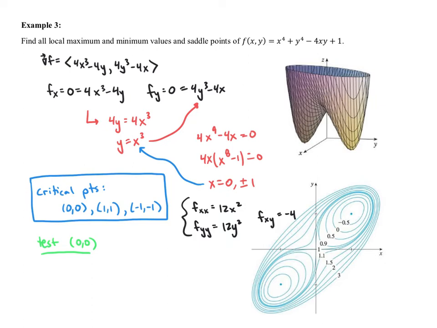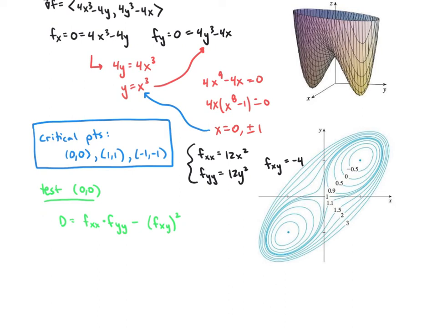All right, so let's go back and test (0, 0). Now remember, D is equal to the second partial with respect to x both times, multiplied by the second partial with respect to y both times, minus the partial with respect to x and then y, squared. That's the calculation we're going to make for each of these.